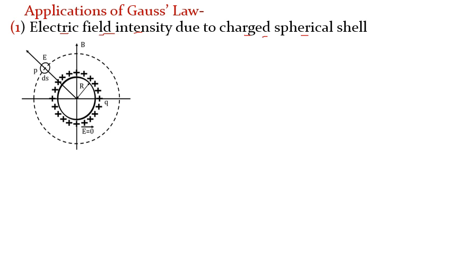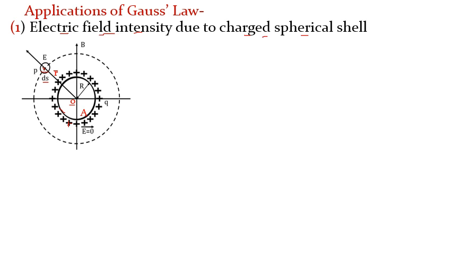Consider this is one sphere, which is a sphere on which these positive charges are deposited. At point P, which is at a distance r from center of the sphere, we have to find out electric intensity. For this purpose, we have to consider this point P, and around this point small area element dS.